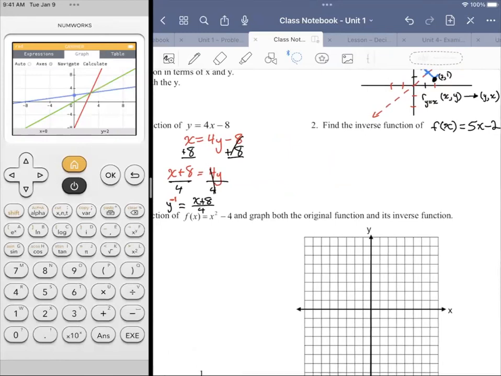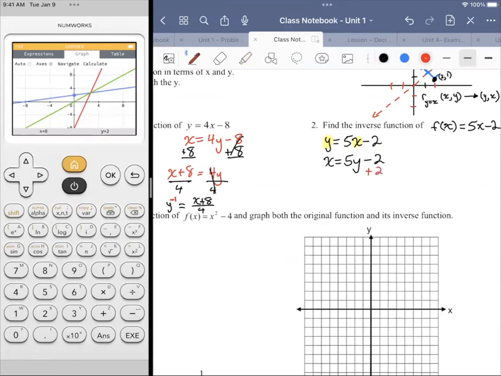All right, for number 2, my first move is going to be to rewrite it as y equals 5x minus 2. Then I'm going to switch the x with the y. So x is equal to 5y minus 2. Then I'm going to solve for y, using ordinary algebra skills.